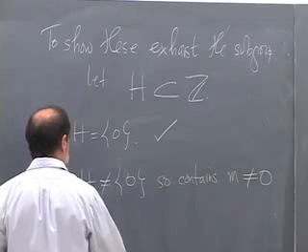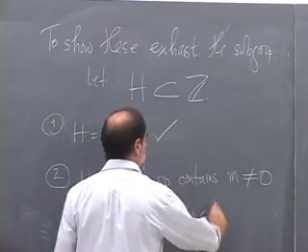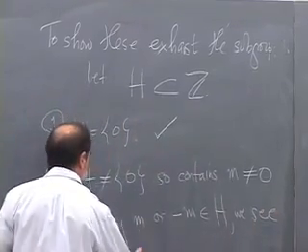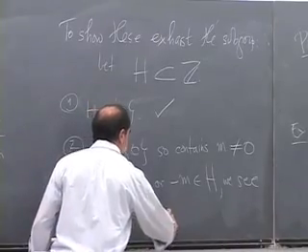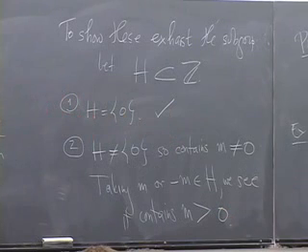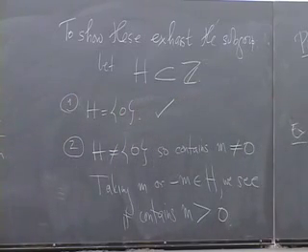Now, by taking inverses, we see that it has to contain something positive in it. So it contains an m not equal to 0. Taking m or minus m in H, we see it contains some integer m which is strictly greater than 0, because it's closed under inverses. So if you found it contained -3, it would also have to contain 3.